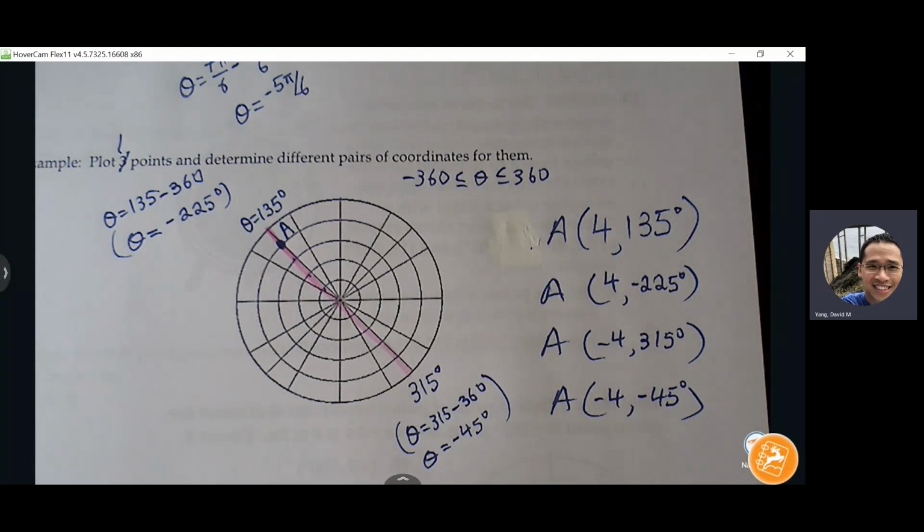So those are the 4 variations that we can create that's going to land us between negative 360 and 360 and all hitting the same point. You're either walking towards the second quadrant or you're walking away from the fourth quadrant.